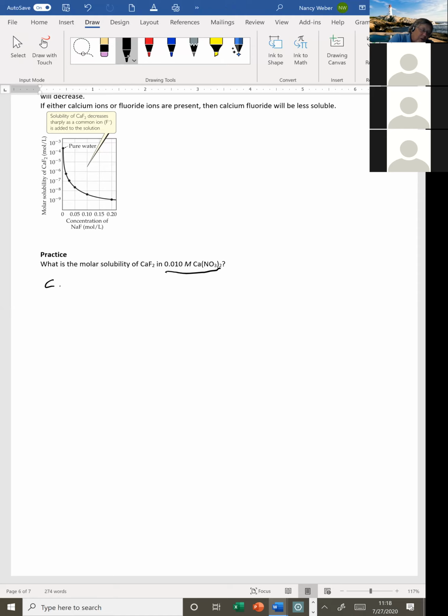So we're going to start with the equation for the one that stays insoluble. Or the weak acid, it's the same kind of idea. Calcium ion plus 2 fluoride ions, that's aqueous, aqueous. Okay? That looks exactly the same, right? And my KSP is going to still be calcium ion times fluoride ion squared.